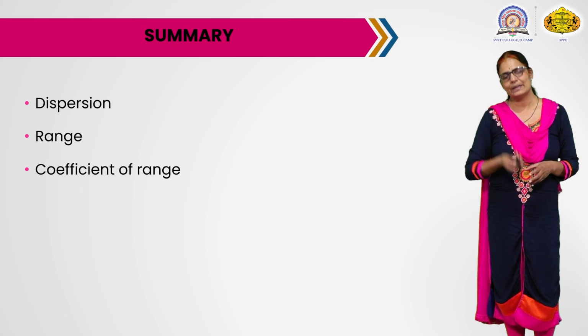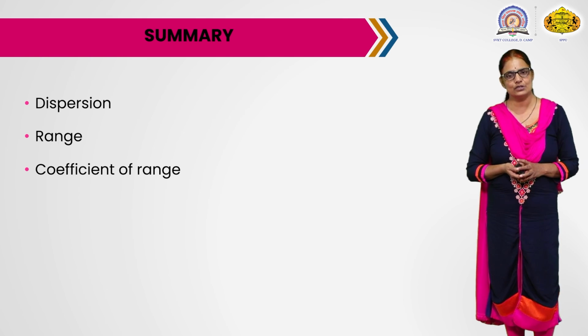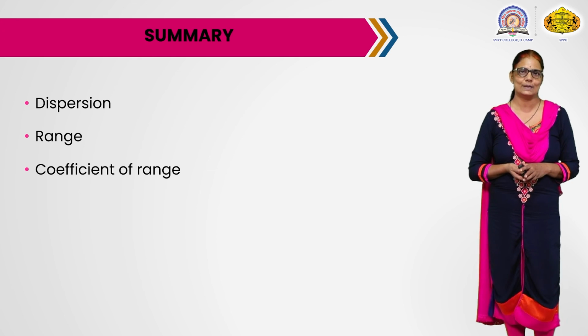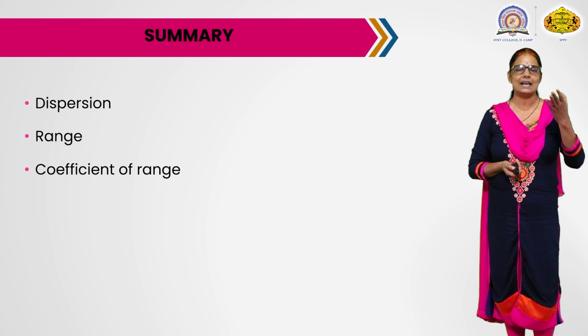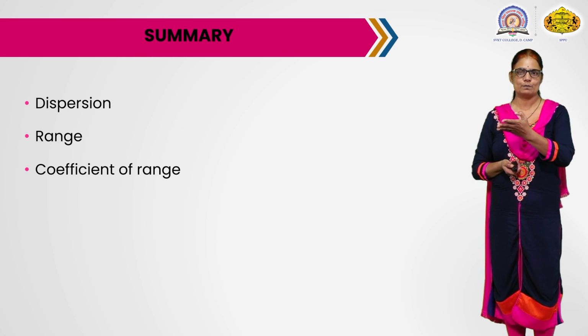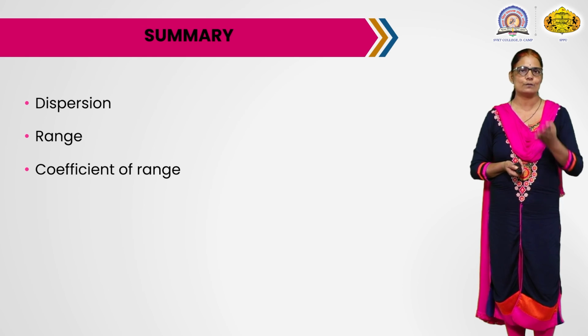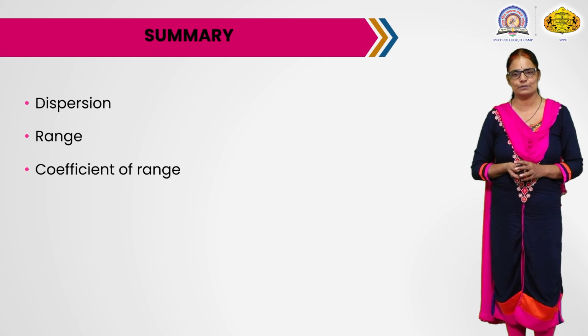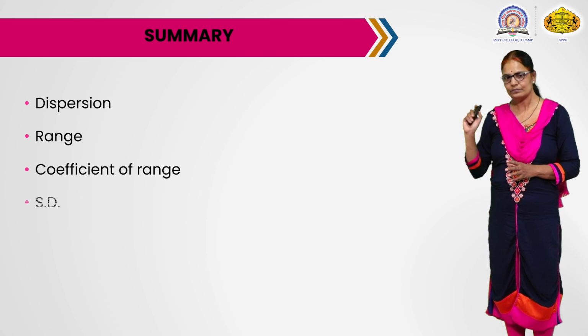We have also studied the coefficient of range, that is defined as the largest observation minus the smallest observation divided by the largest observation plus the smallest observation. So it has no unit actually.